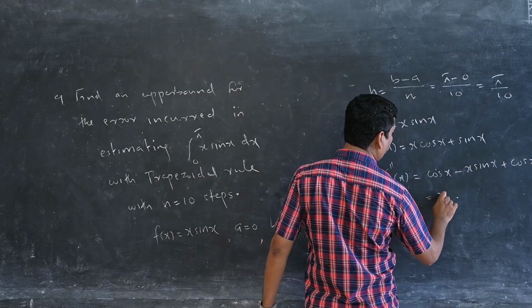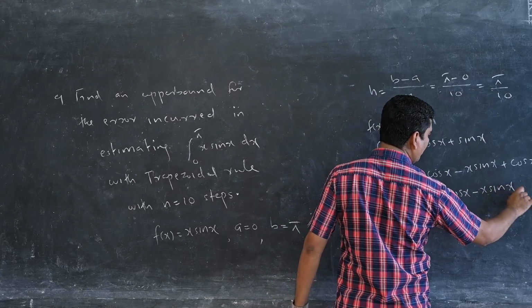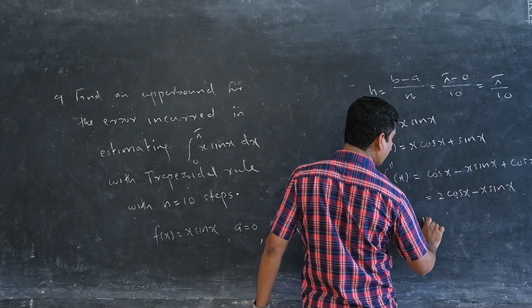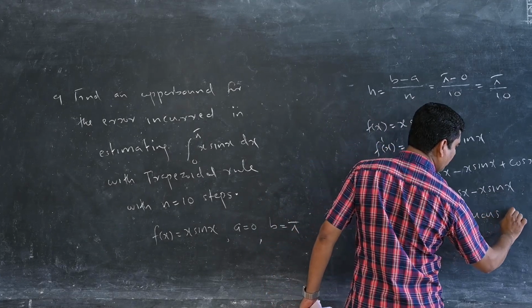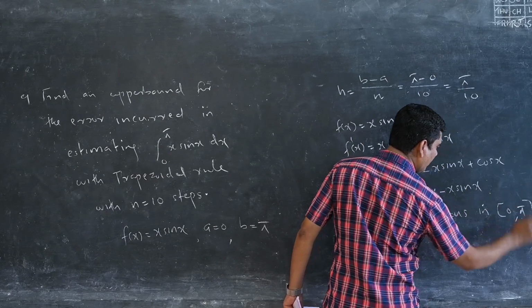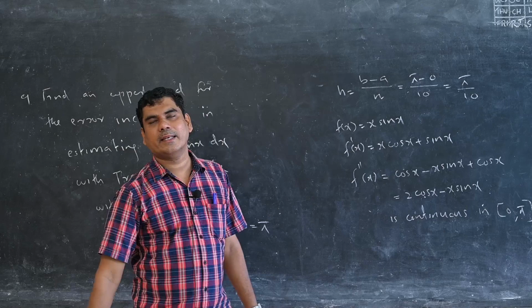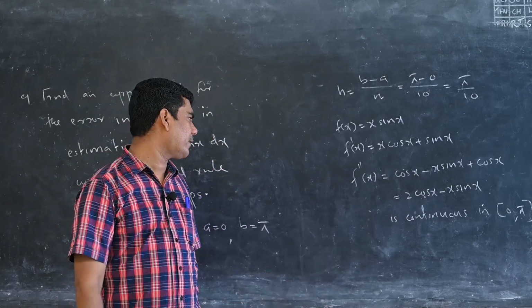This is equal to 2 cos x minus x sin x, which is continuous in the interval 0 to pi. Sine and cosine are continuous, so f second derivative x is continuous in the interval 0 to pi.